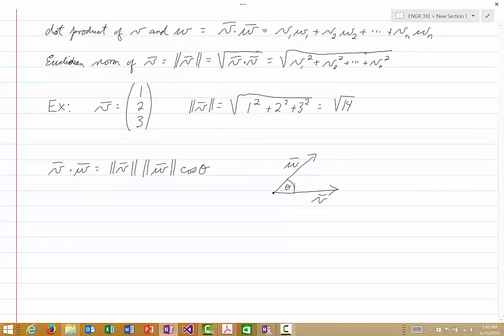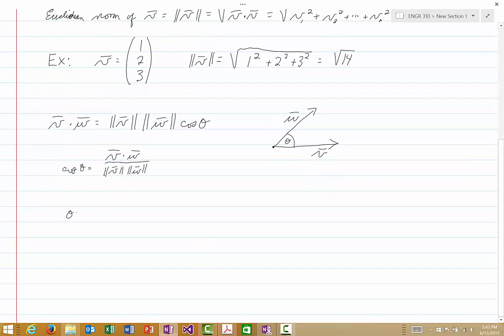And of course, obviously, we could solve for theta in the following way. We just divide each side of this equation by the norm of v times the norm of w, and then take the inverse cosine of each side, and we get this formula.